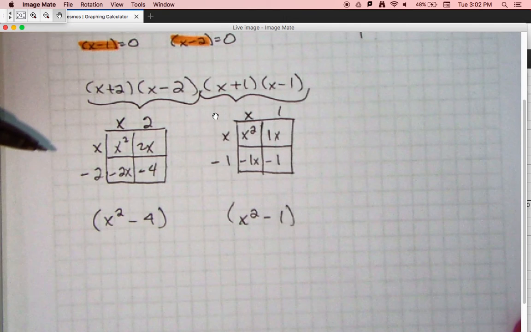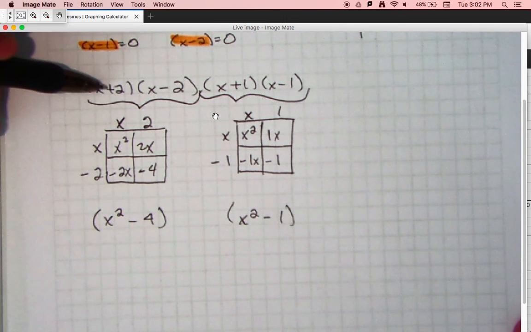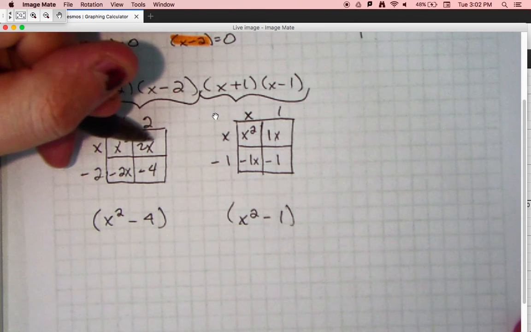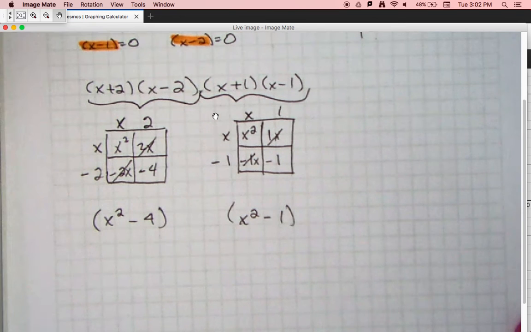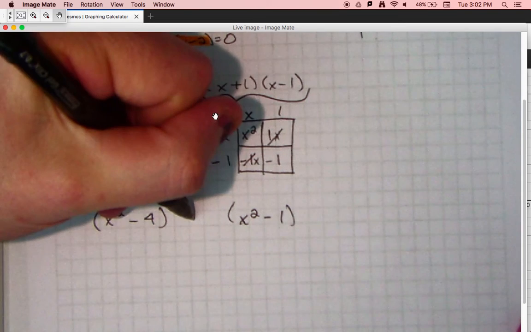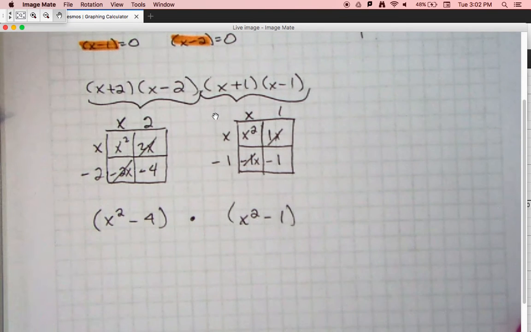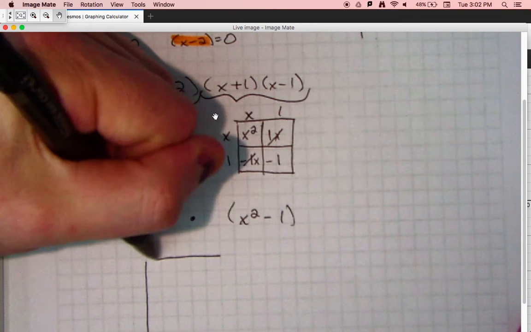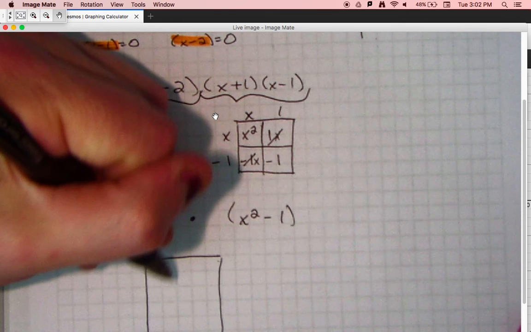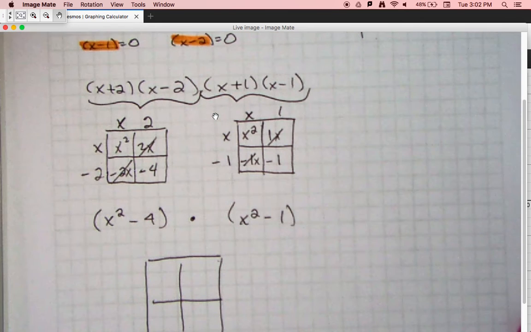And so you see why I picked them in this fashion. Anytime you've got a plus and a minus, you know that those two terms right there are going to cancel out. And similarly right there, those two terms cancel out. Now what I need to do is multiply those two together. So it's magic square palooza. All right, so we set that up like that.